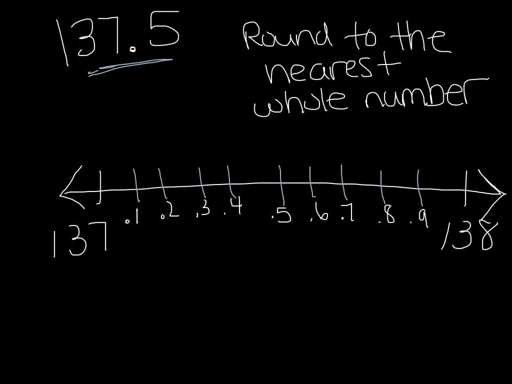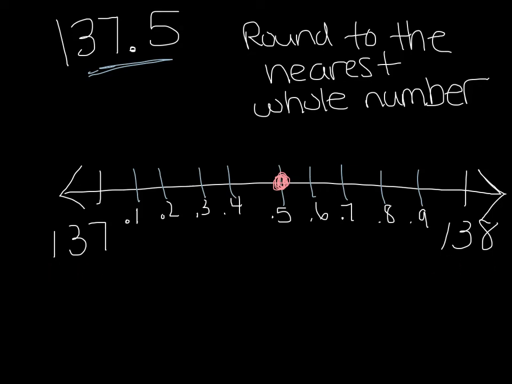Now I'm going to plot my point, which is 137.5. Now what you're going to notice here is that 137.5 is exactly in the middle of 137 and 138. So the question is, which number is it closer to? That's what we mean when we're rounding. So it's technically the same distance from 137 and 138.